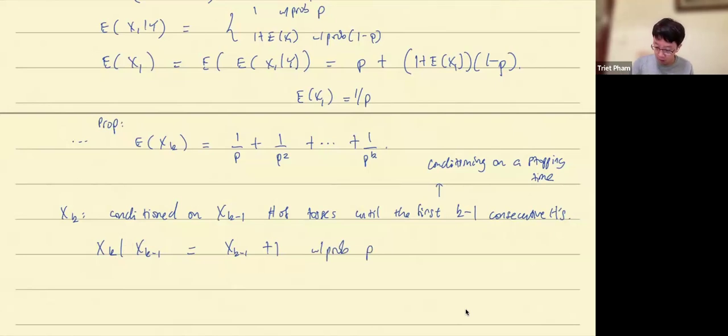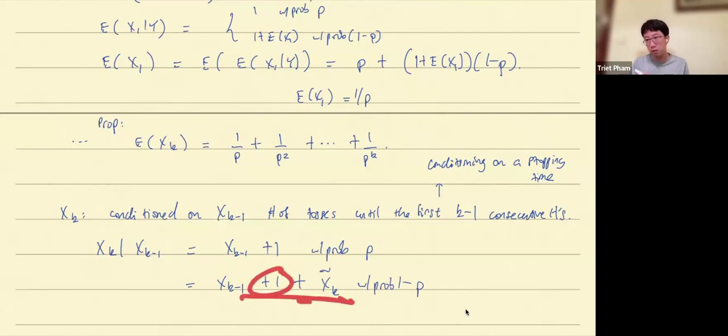On the other hand, it will be that value and then a reset with probability 1 minus p, because this will be a tail, and then you're back to square one.